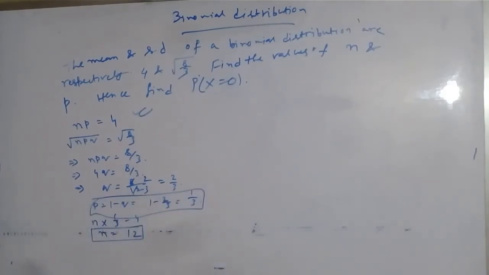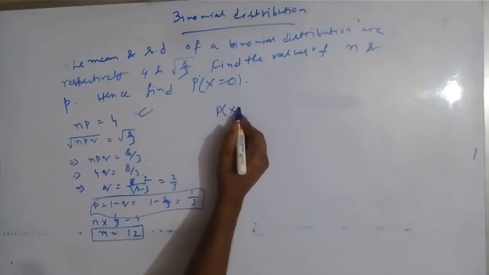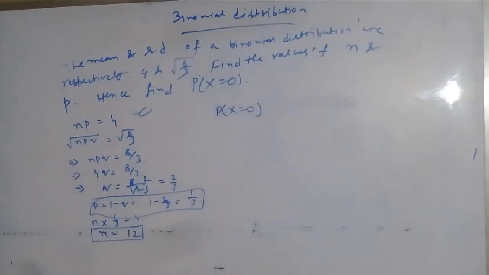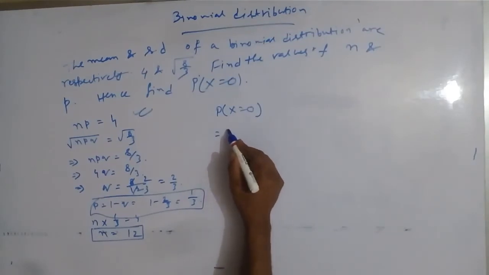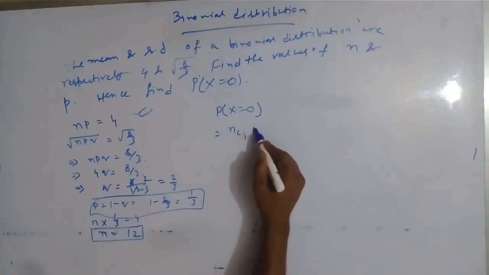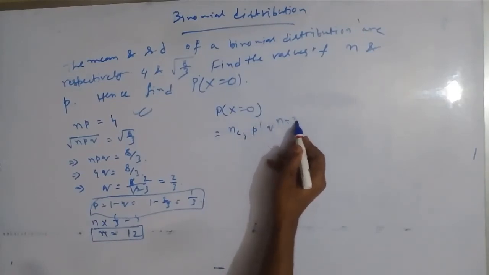Now we have to find the probability of x equal to 0. Since this is binomial distribution, x is a binomial variate, so the probability of x equal to 0 will be given by the distribution function nCi p to the power i q to the power n minus i.